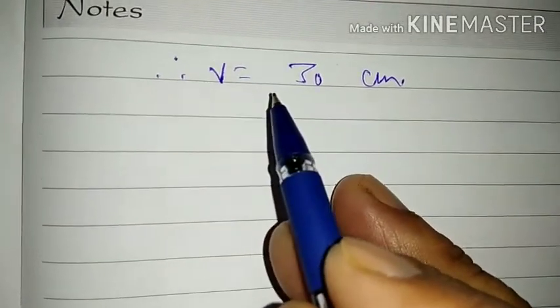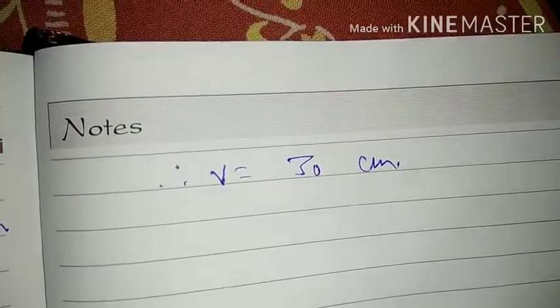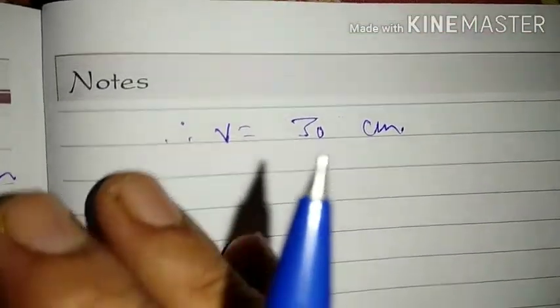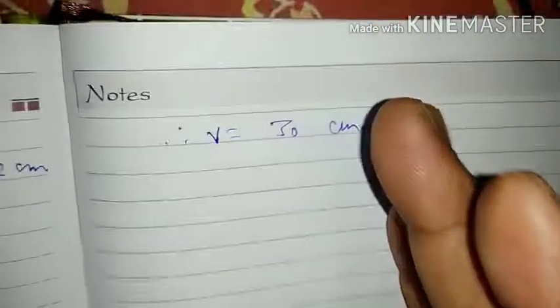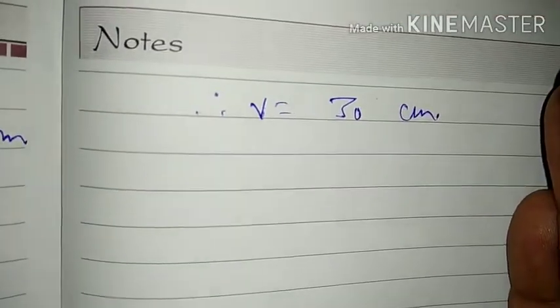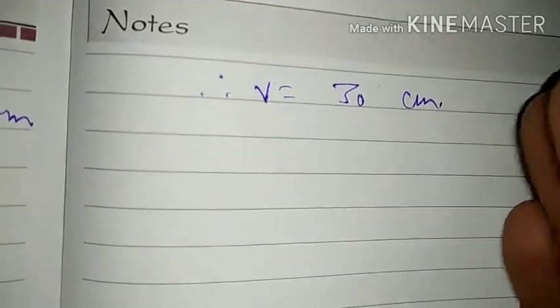Here positive sign indicates on which side of optical center the image will be formed? Obviously on the right, because according to sign convention, distances measured right of the optical center will be positive. So here v is positive.